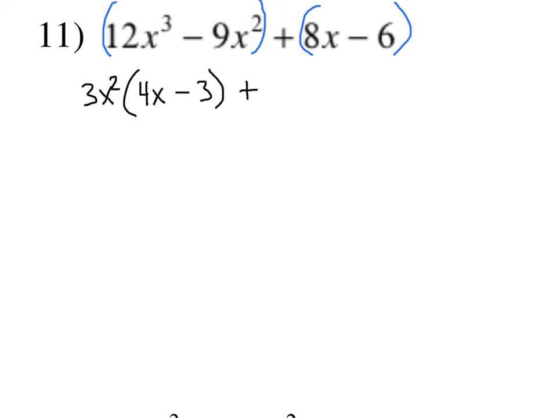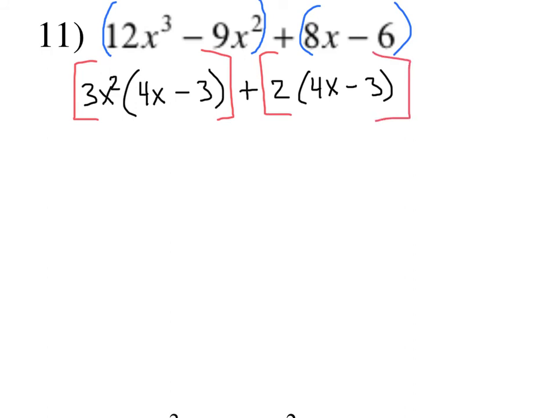Looking at the second group, 8x and -6, it looks like I can factor out a 2. And I'm left with 4x minus 3. So now that I have these factored, I'm not quite done. I want to look at this as if this is one big binomial. We've got to really focus on the big picture here. We have 2 things added together, and in those 2 things, I have this common factor of 4x minus 3.